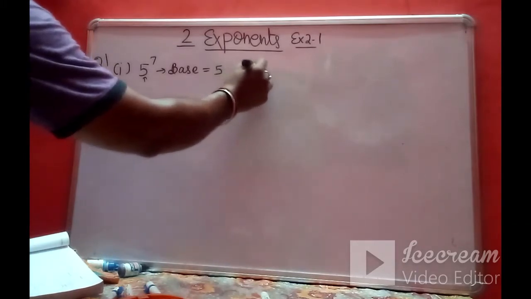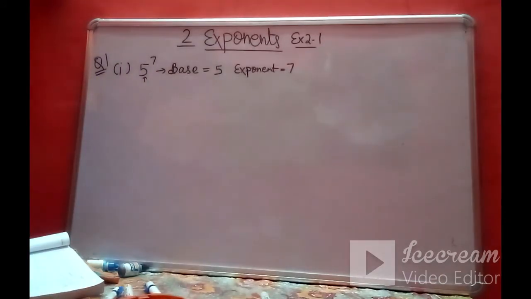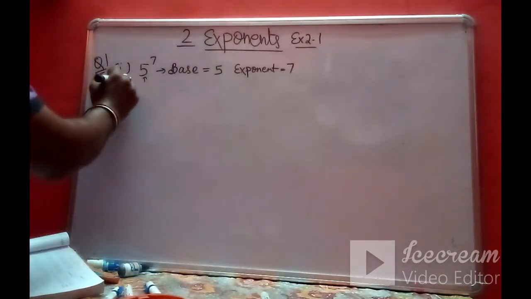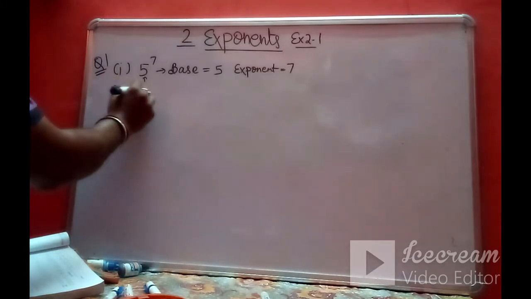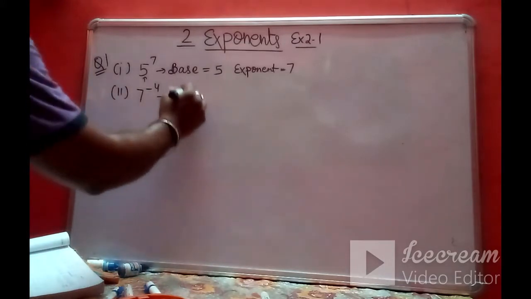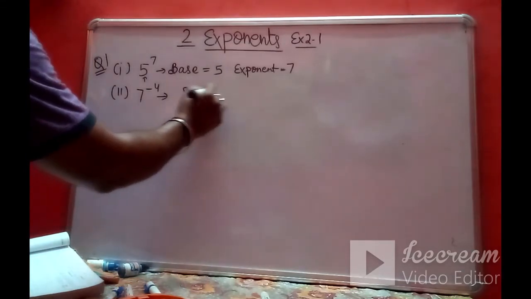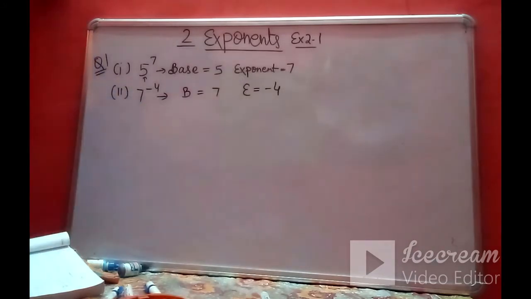So what is the exponent in this case? Exponent is 7. And if it is 7 to the power minus 4, then again the base will be 7 and the exponent will be minus 4.